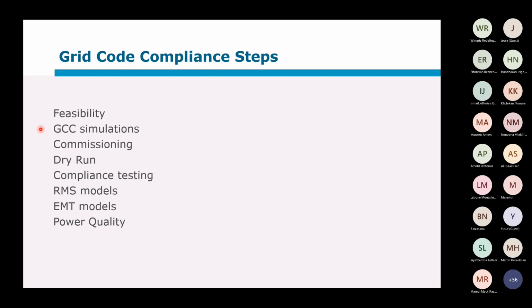Then they should start with the grid code compliance simulations. We will talk about what those entail. That also informs the design, because they have to make sure that they're going to meet all the grid code compliance requirements, and that they can prove at this point via simulations.